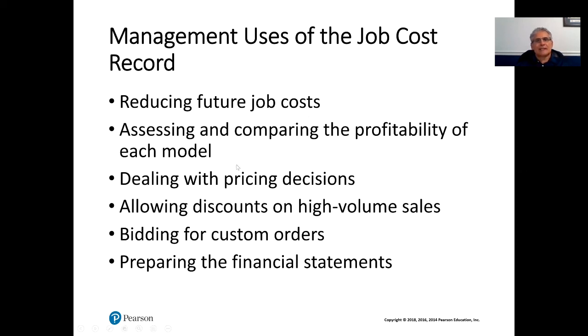We're going to be assessing and comparing the profitability of each model, dealing with pricing decisions. I'm going to say to you, this is probably the most important decision that has to be made.